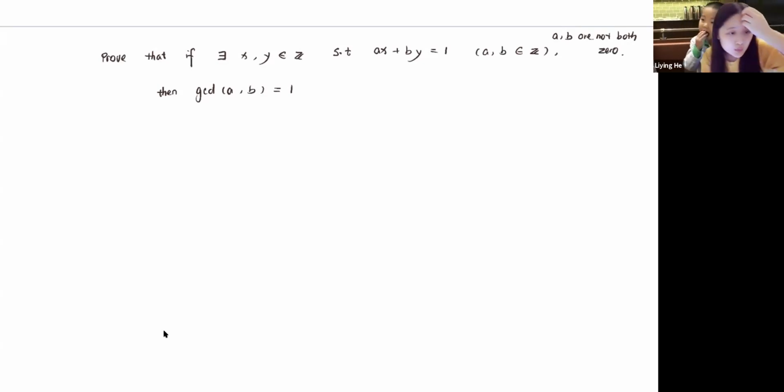Someone asked, for the square root of 3 plus square root of 5 problem, could we prove square root of 3 and square root of 5 are irrational separately? Well, you need to prove that separately, but what do you do after?